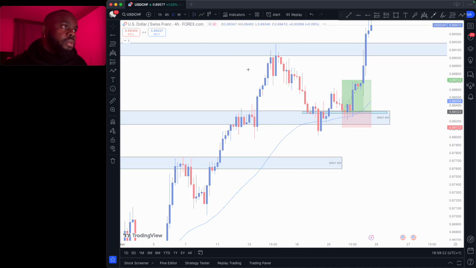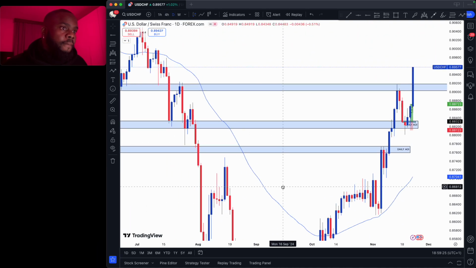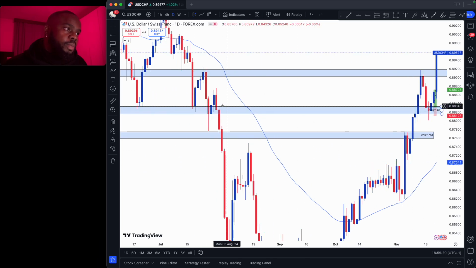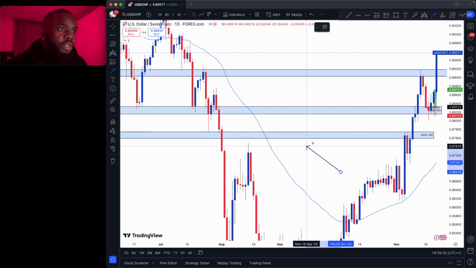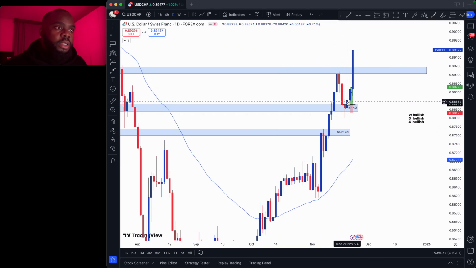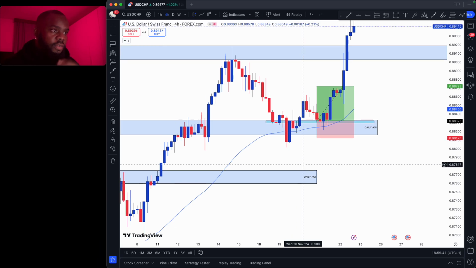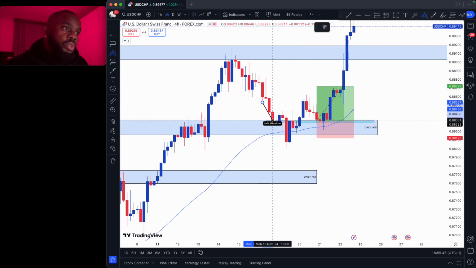Now let me go to the daily. The price broke out and closed above. Then on the pullback to the previous structure, price pulled back to the support level. Then, as you can see on the 4-hour time frame, you could see a very clean head and shoulders pattern. So that broke out.